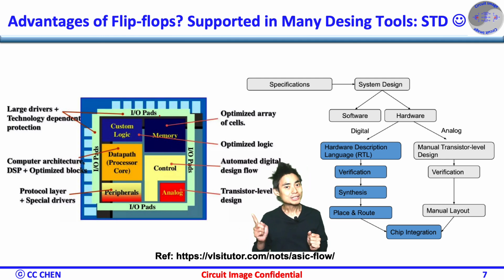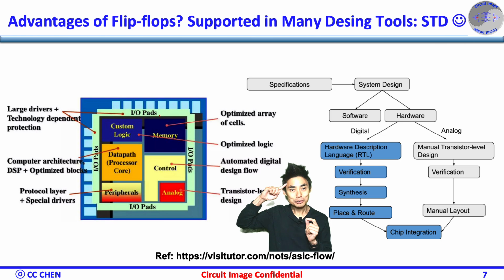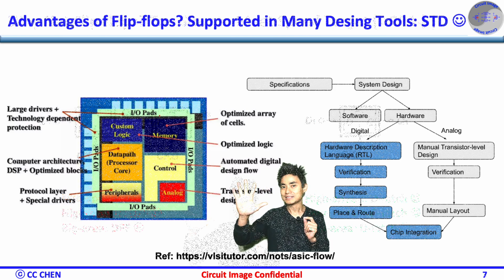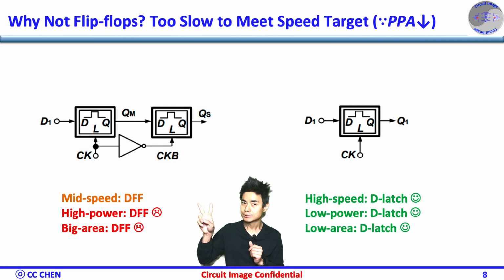But do you see other limitations of the D flip-flop compared to the D latch? Think about the size images for 5 seconds. Perfect. First, the power, delay, and area (PPA) of a single D flip-flop is almost twice the D latch.